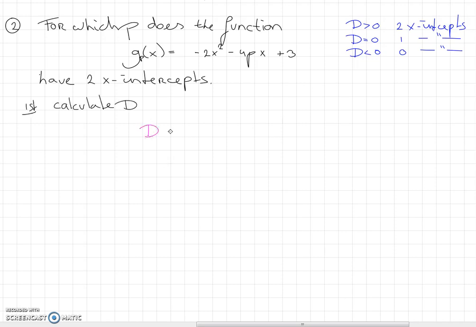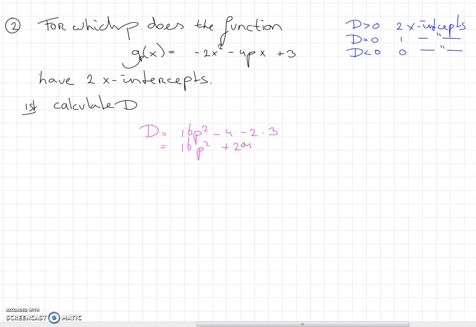The discriminant can be calculated by b squared. b is negative 4p, so b squared is 16p squared minus 4 times a times c, or 16p squared plus 24.